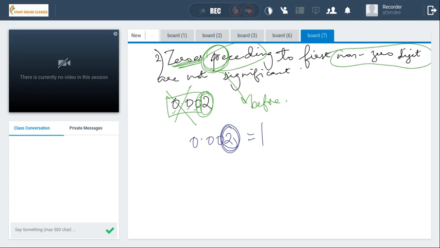Easy? If I write 0.25, how many significant digits? 1, 2. Easy? Now, the third point.